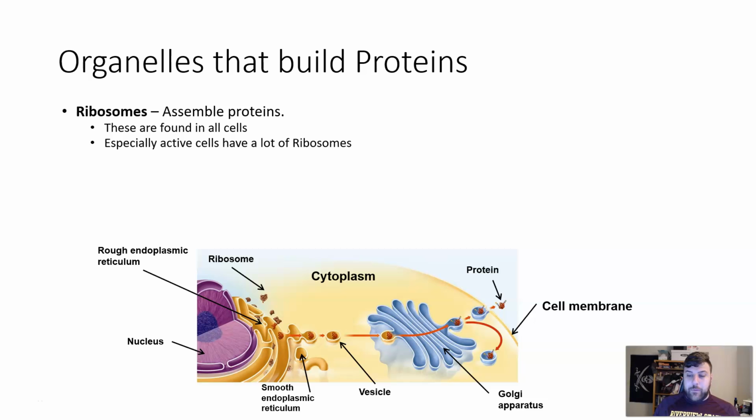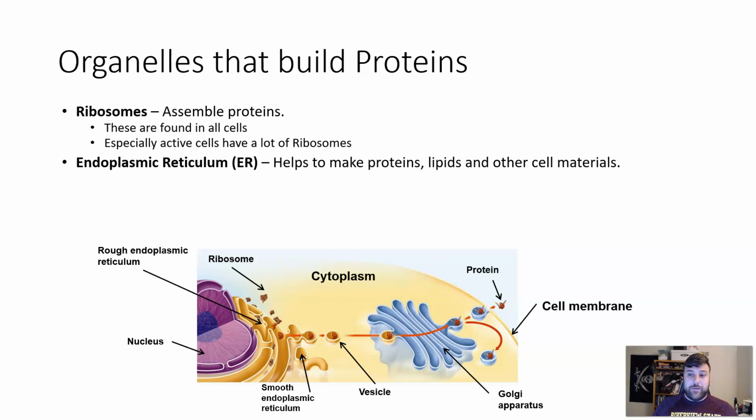The next organelle that I want to talk about is endoplasmic reticulum, or I'll simply call it ER. When proteins are being built, the endoplasmic reticulum will essentially act like a clean room. A sterile environment where there's nothing else in it, so it can be properly regulated. It's a place where proteins and other materials can be built in an overall neutral environment.